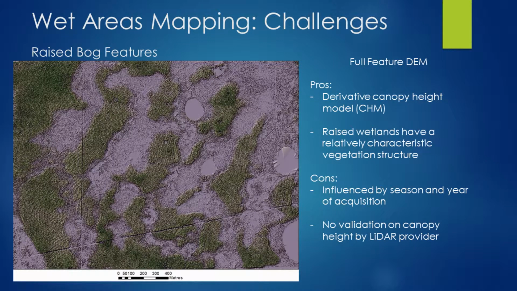Leaf on versus leaf off is not as much of a problem in these softwood areas, but it can be at large scale. As well, if a certain tile was partly processed in 2008 and partly in 2012, we're going to have substantial growth of the trees within those areas. So canopy height can be a difficult thing to use.